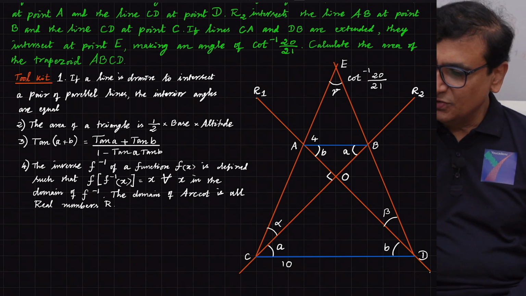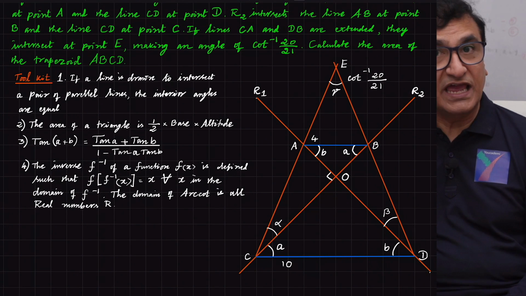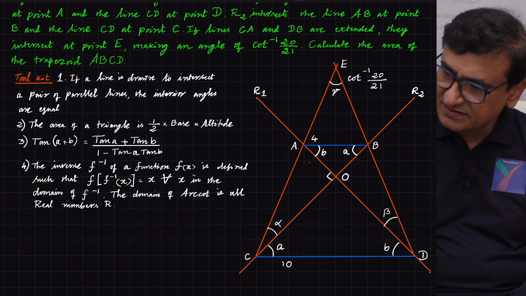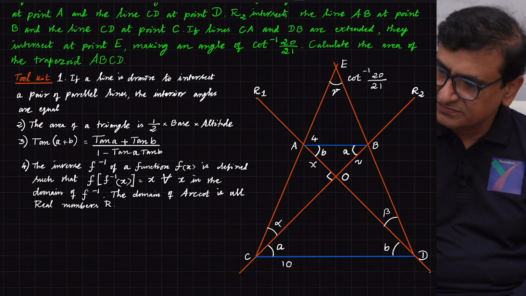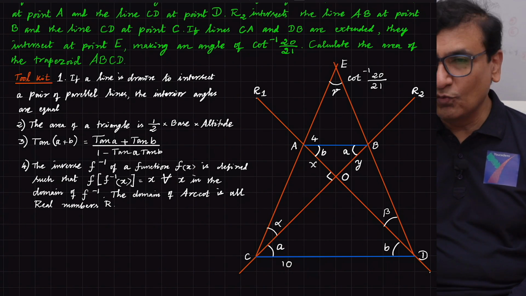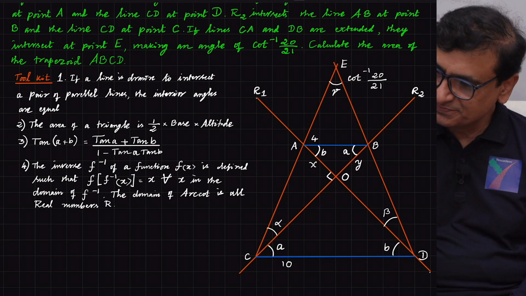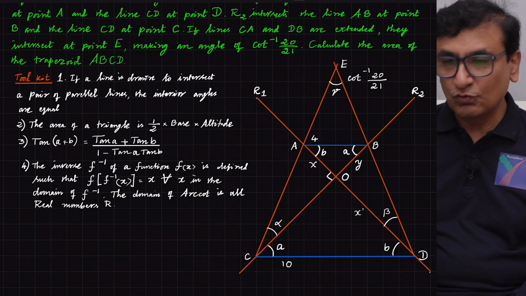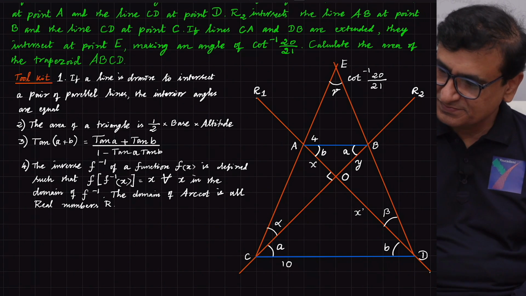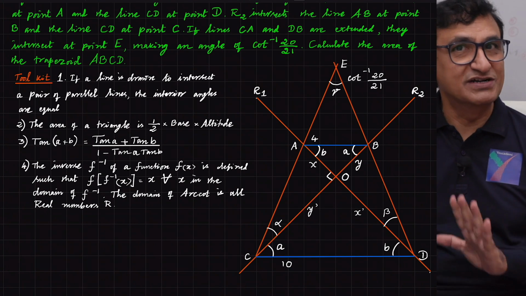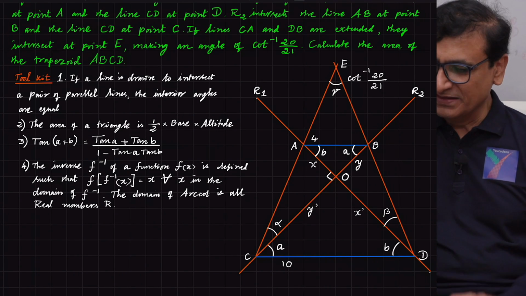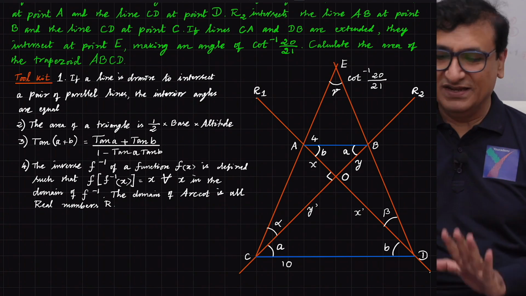Okay, now let me mark the length AO as x and OB as y. Next, let OD be x prime. Then let OC be y prime. But don't worry, we will get rid of x prime and y prime and write them in terms of x and y. Okay. Now, let's go to step 1.